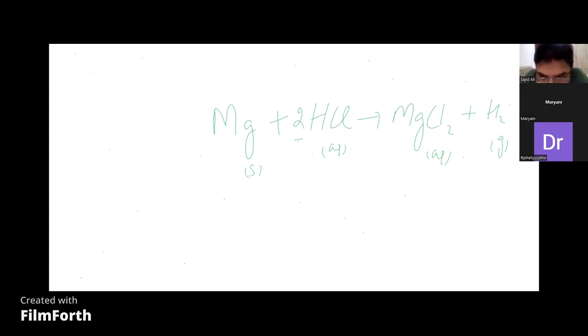Now, to explain whether it is a redox reaction or not, and how, we need to first put the oxidation state on all elements. As we know, magnesium is in group 2, but over here it is an uncombined element, so it has zero oxidation state.